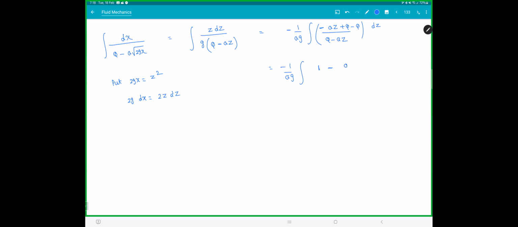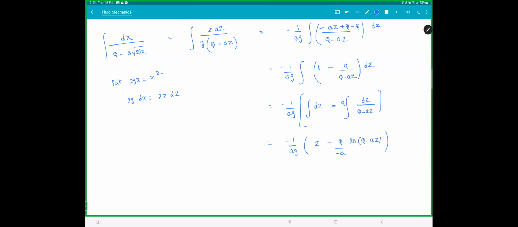So 1 minus Q by Q minus Az into dz. So this is 1 minus Q integral dz minus integral Q dz by Q minus Az. So minus 1 by Ag, this is z minus Q ln of Q minus Az by minus A. So you get something of this sort, and then substitute z there, you'll get the answer.